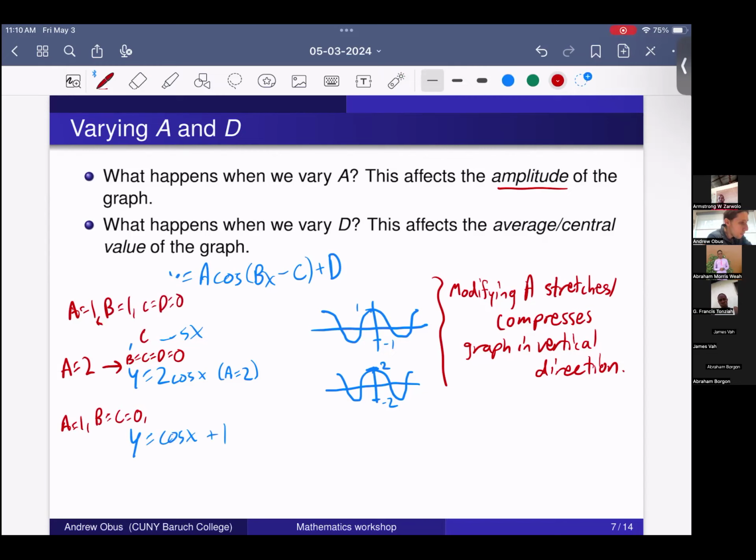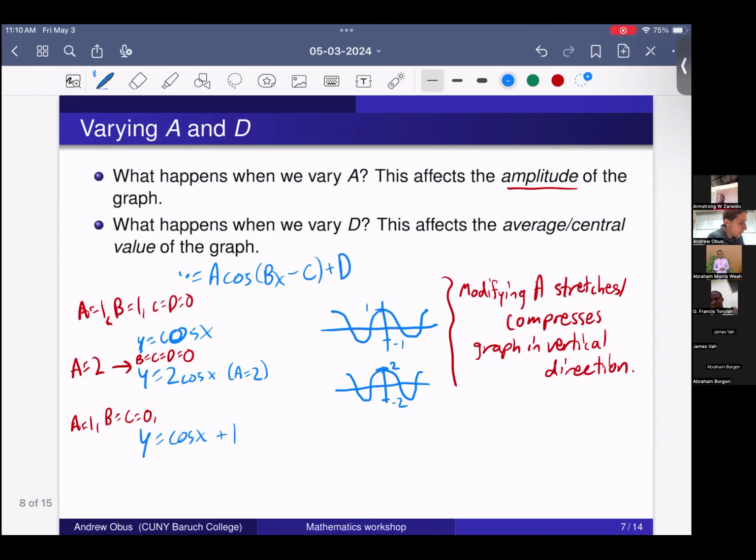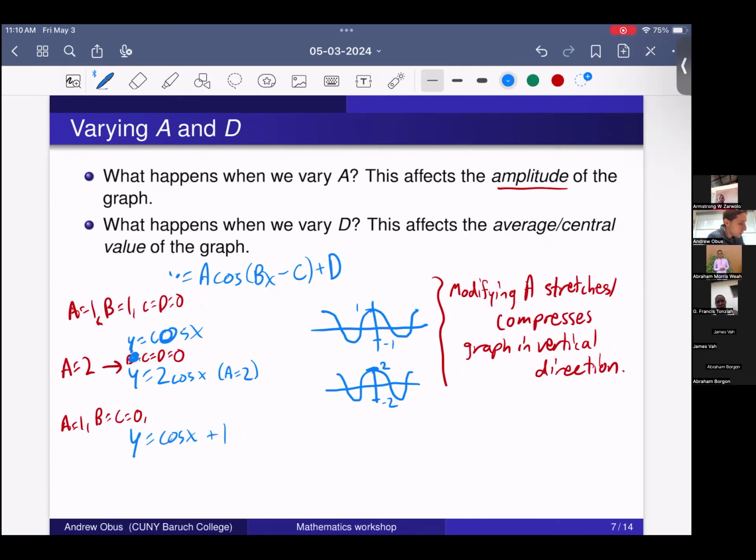So that's y equals cosine of x. So here, we would have a equals 1, b equals 1, d equals 1, and c equals 0. So that would correspond to y equals cosine x plus 1.